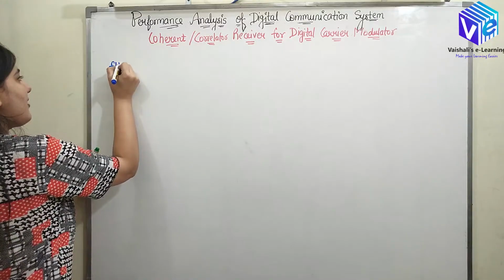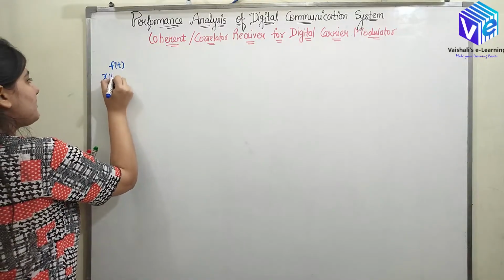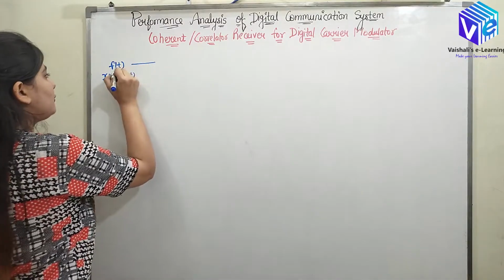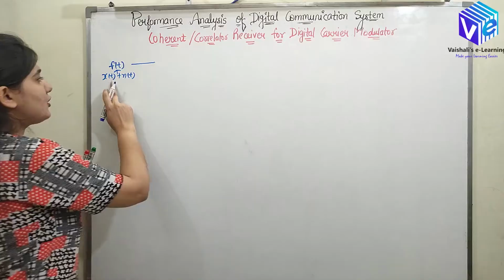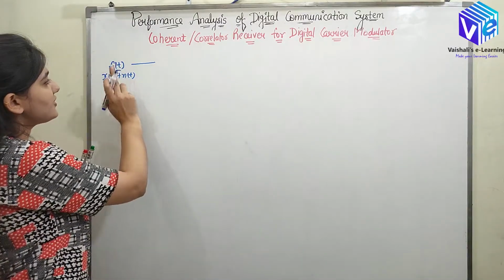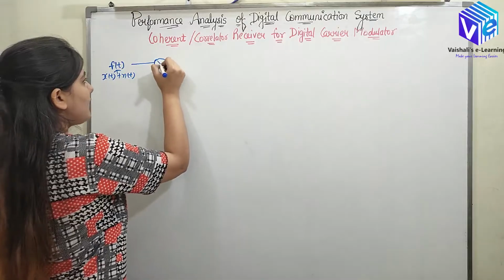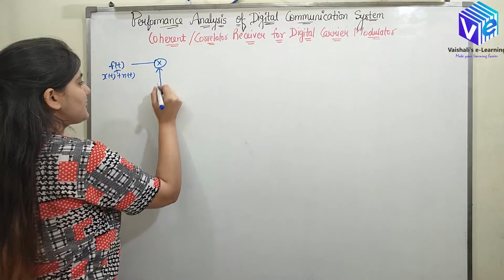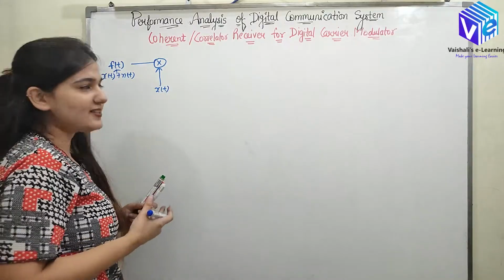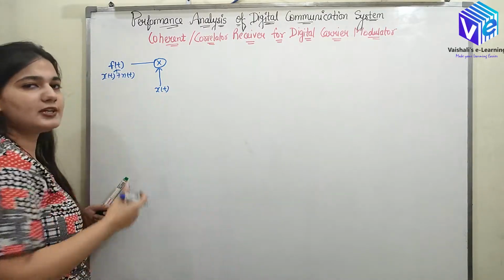So I have f(t), which is x(t) plus n(t), which is the input signal to the receiver. So at the input of the receiver I have signal plus noise, which is denoted as f(t). In the receiver I have a locally generated x(t) as well. In the coherent receiver, I hope you remember, we have the locally generated carrier.